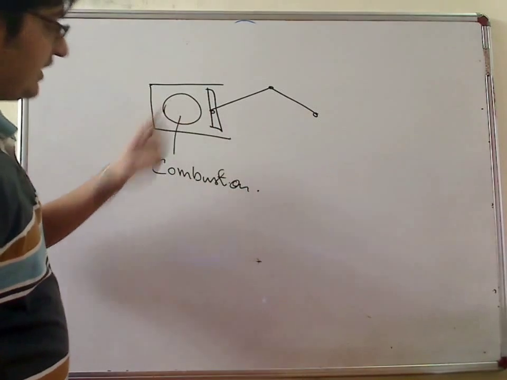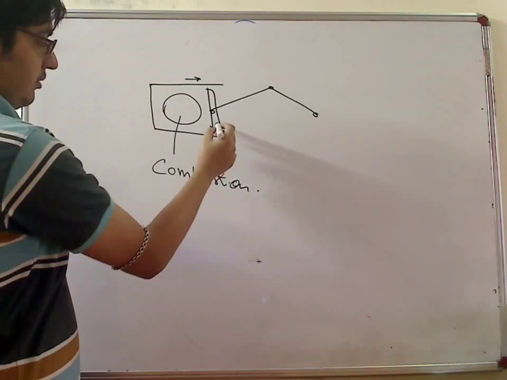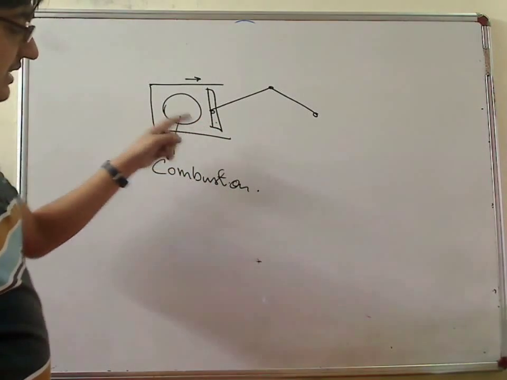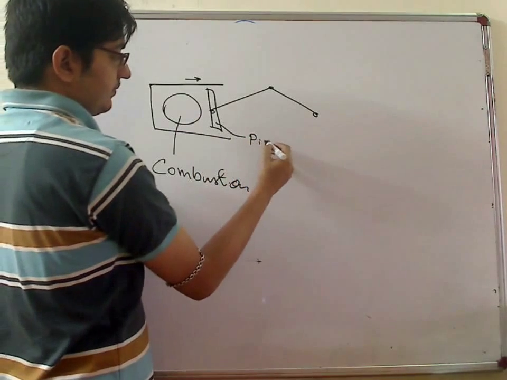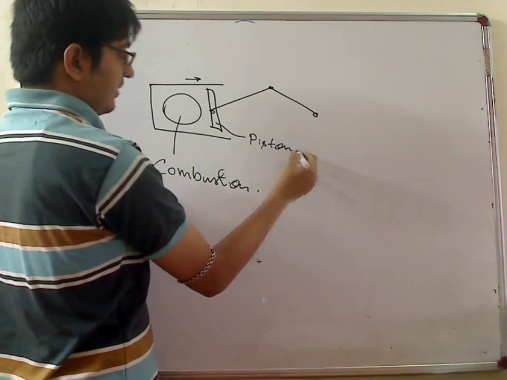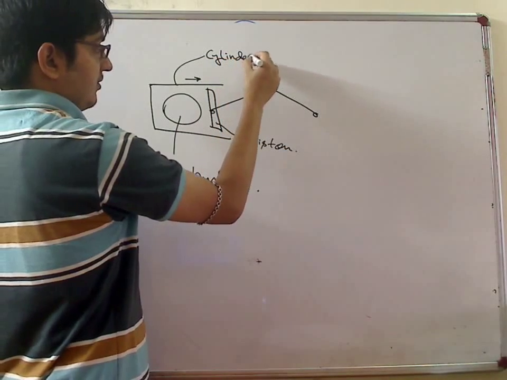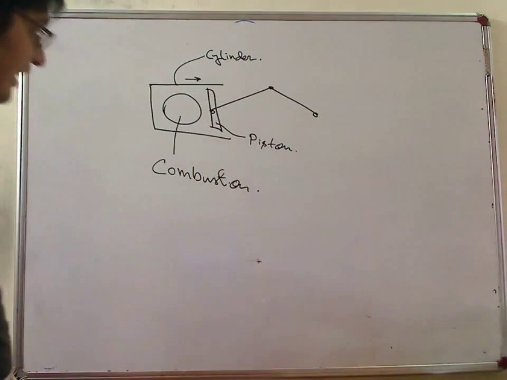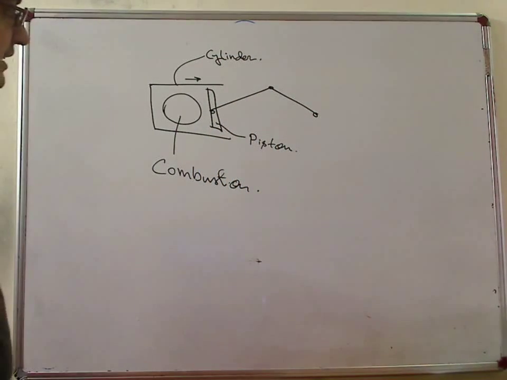Combustion takes place here, and due to this combustion some energy is released which pushes this piston. So this is the piston and this is the cylinder. So this pushes this piston, and this is the slider crank mechanism.